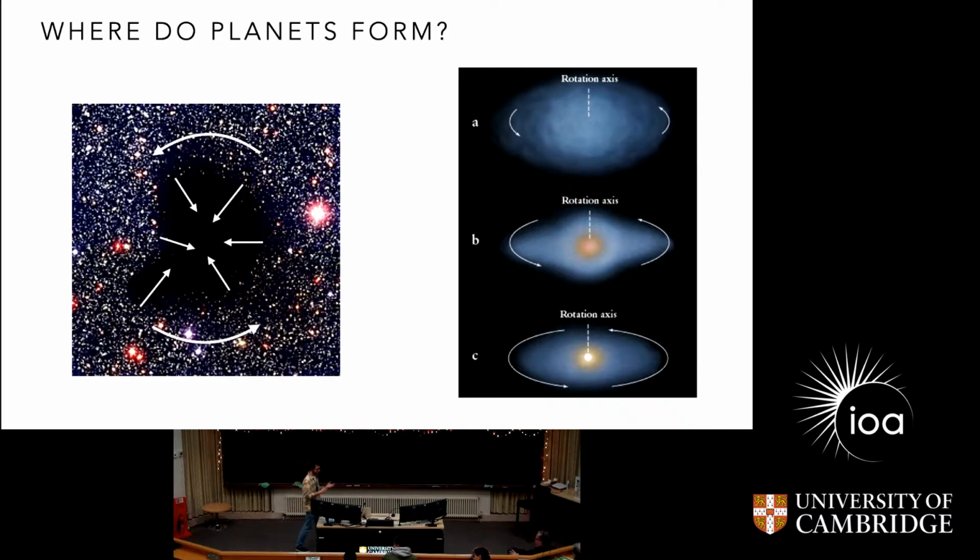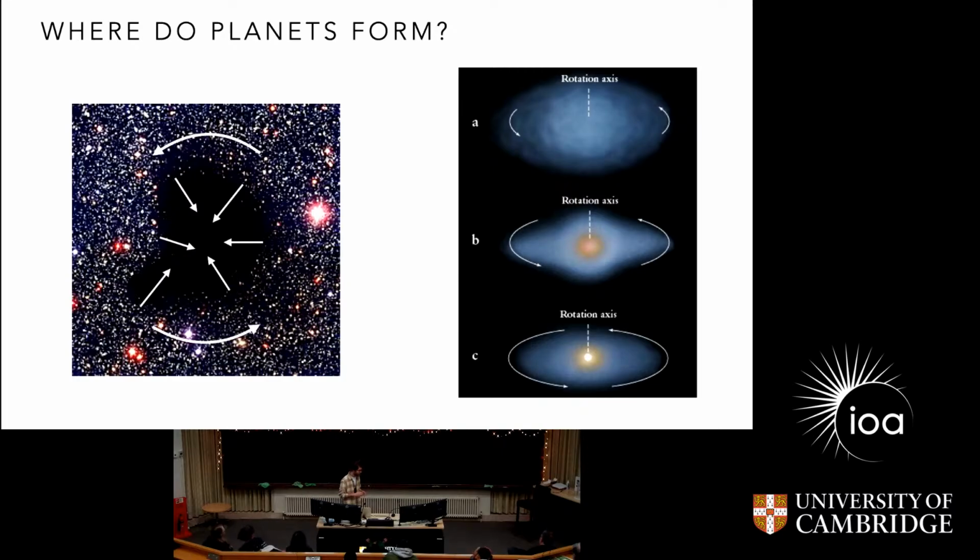Whenever something is collapsing and rotating at the same time, you can create a very, very dense object at the center, in our case the star, and around this object you will form a disk. So basically, the material, while collapsing, will form a disk around your central star.